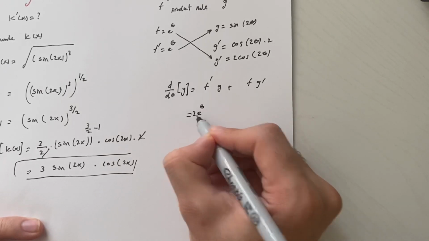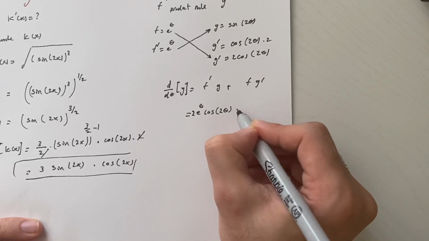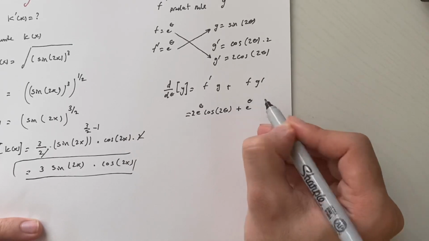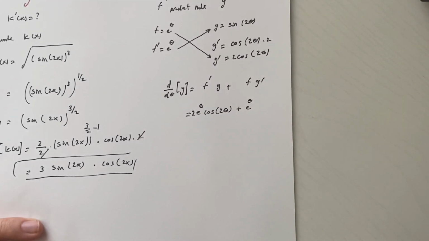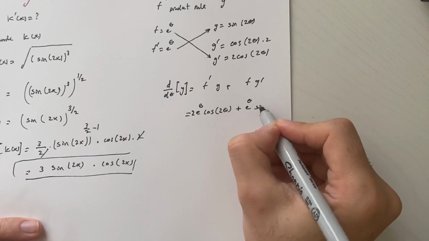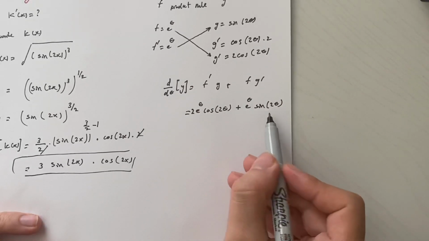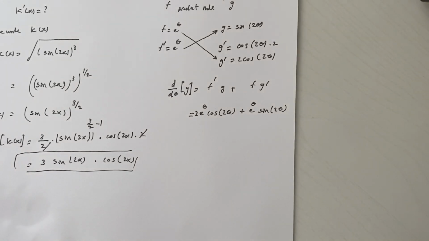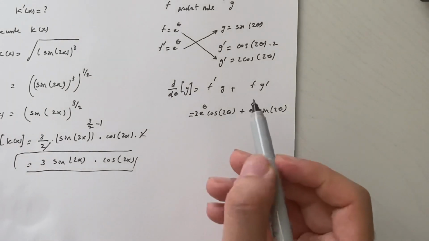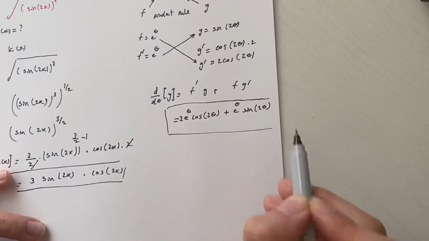I'm just plugging what I found, f and f prime, g and g prime, into the product rule. You can factor out e to the theta, or you can leave it as it is. It's up to you, but that's the resulting derivative.